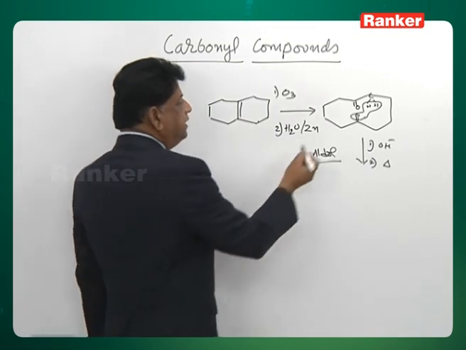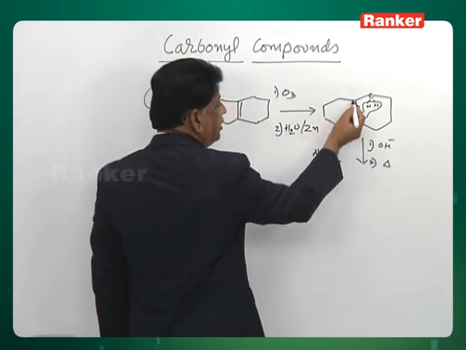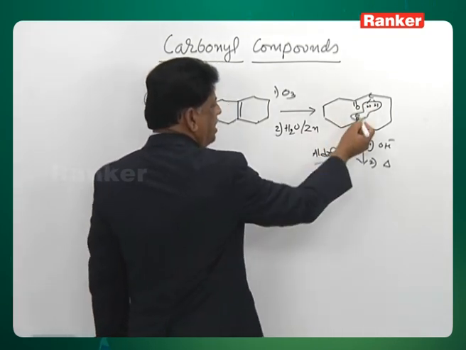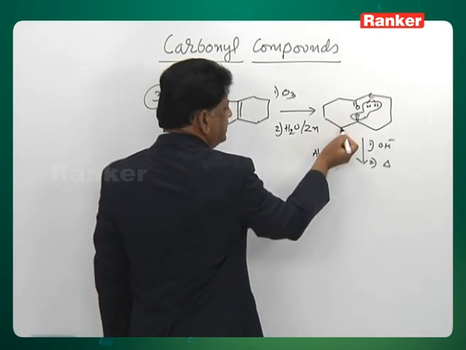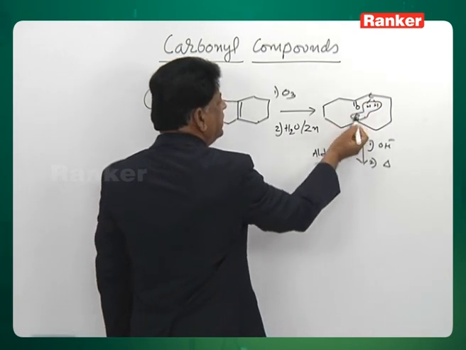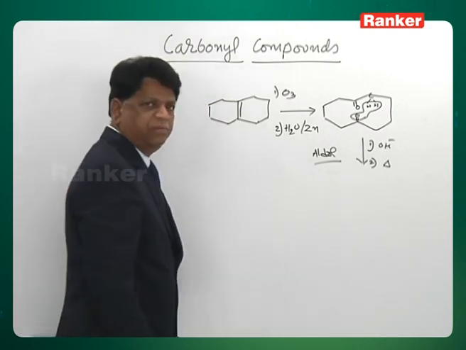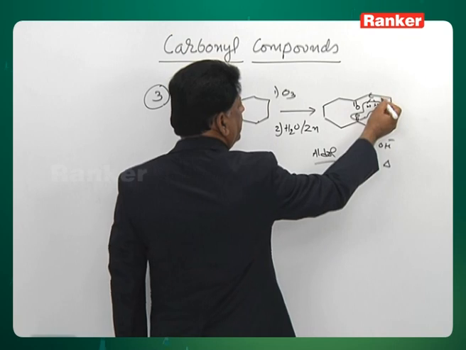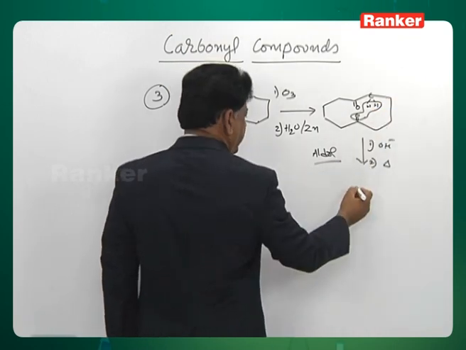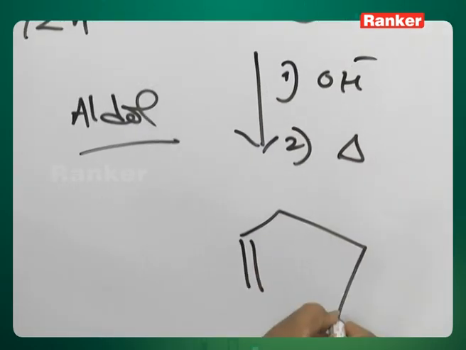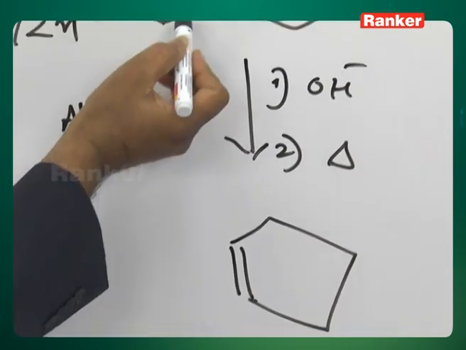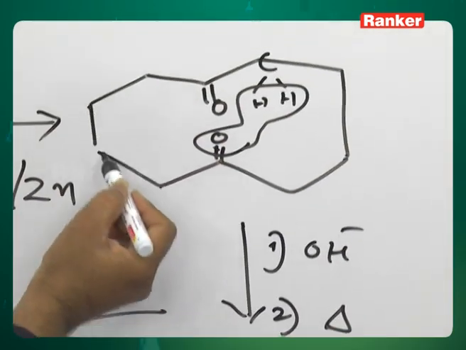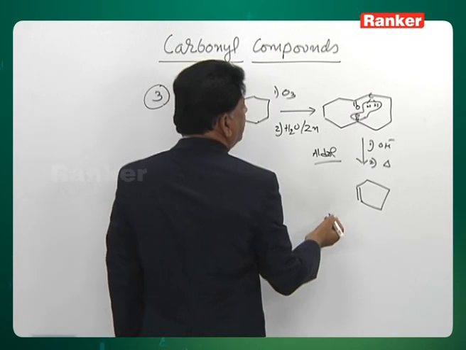But simultaneously you cannot use this CO and this one, because it will become a 4-membered ring. Only one condensation, either this side or that side. All the 4 options will be the same, identical product is formed. So one will become a 1, 2, 3, 4, 5-membered ring. The other side will be 1, 2, 3, 4, 5, so it is also a 5-membered ring.